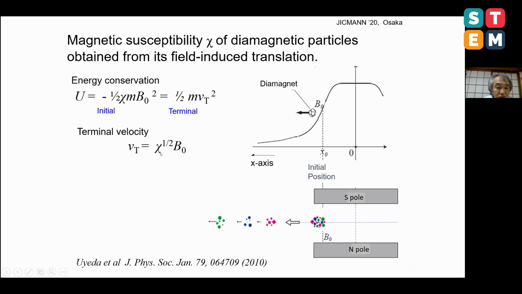And we found that the terminal velocity outside the field is independent of mass. This happens because when you consider the energy conservation rule, the particle mass M appears on both sides, and this is deleted. So we can measure a very small particle, no matter how small it is, by measuring the terminal velocity.